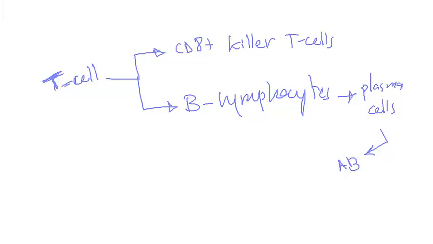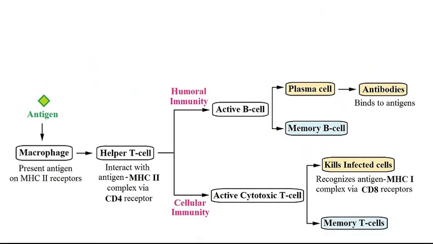So here I have provided you with a summary that shows you what happens after antigen is picked up by antigen presenting cells, like for instance macrophages. These exogenous antigens are presented on MHC2 receptor, which is recognized by the CD4 positive T cells. So remember, 2 times 4 equals 8. That's the rule of 8.